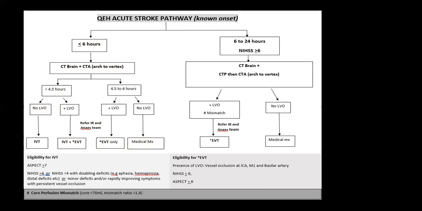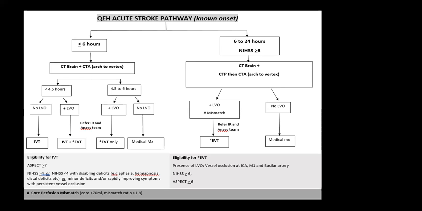Actually, ideally, when you activate a stroke call, you should get a CTA arch to vertex for all your stroke activations. Traditionally, we think that those who have an NIHSS more than 6 have a higher probability of large vessel occlusion compared to those with a low NIHSS.